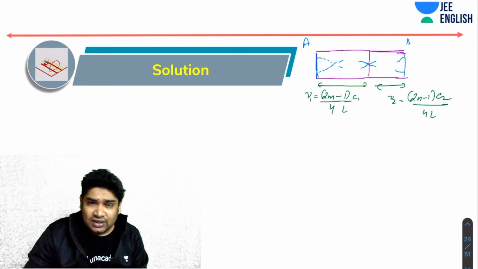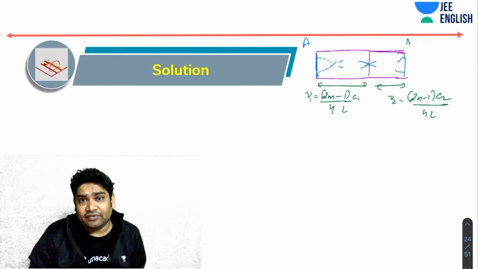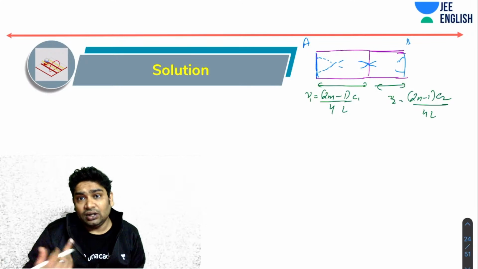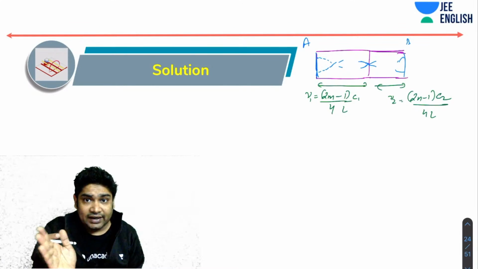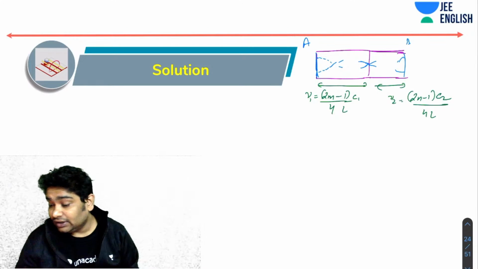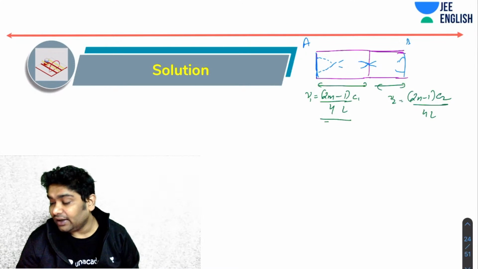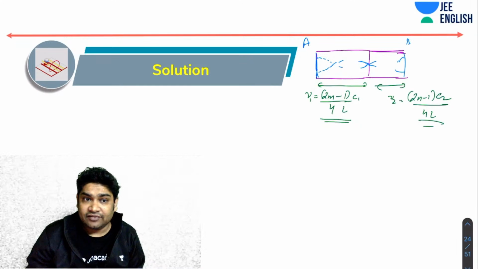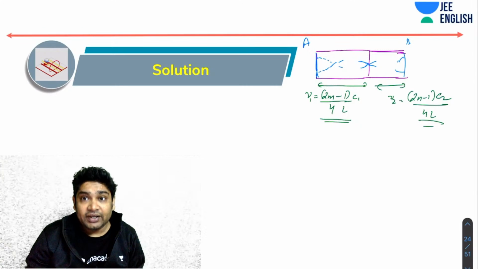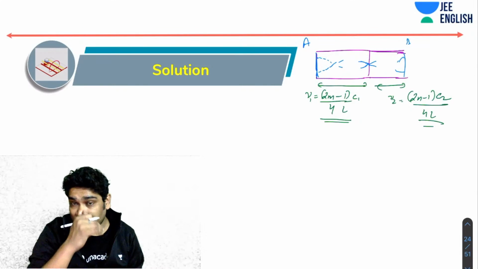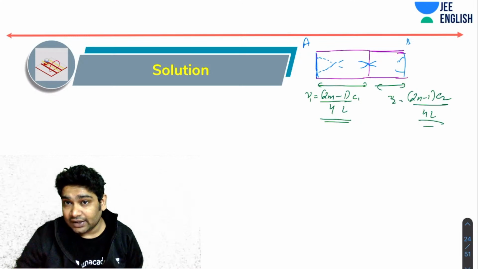Let's assume when these kind of frequencies are set up, I have told you that when one end is open and one end is closed, this is how the frequencies will look. Correct? Let me know if there is any confusion about this. And also these two would be equal. Correct?